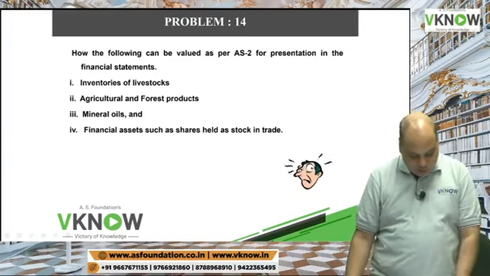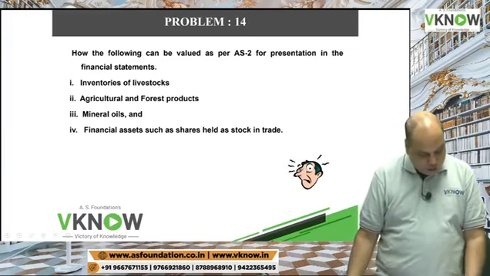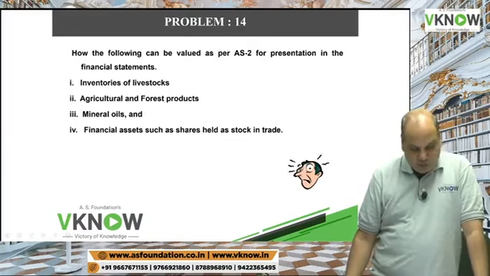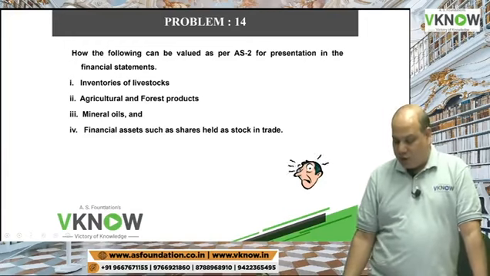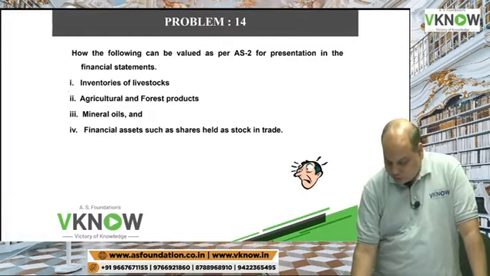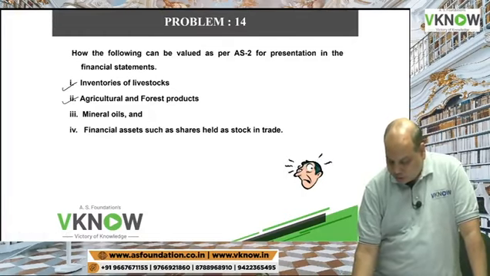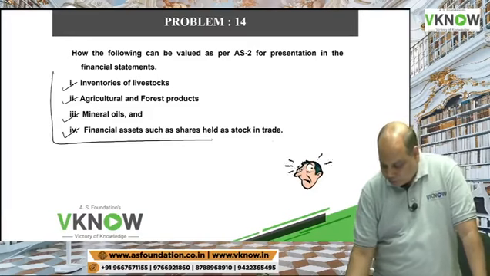These questions are printed in your book. This is question number probably 14 in your book. Check how the following can be valued as per AS2 for presentation in the financial statement. Inventory of livestock, agricultural and forest product, mineral oil, financial assets such as shares held as stock in trade.